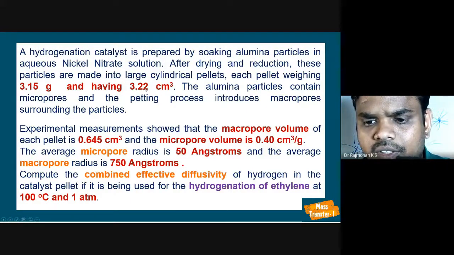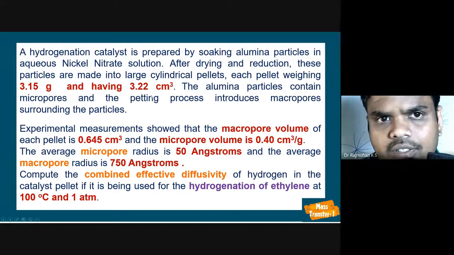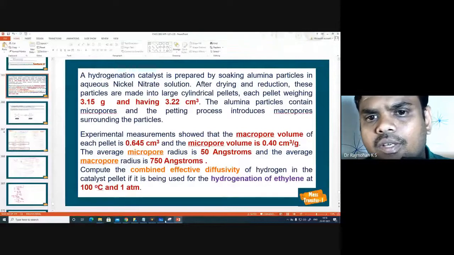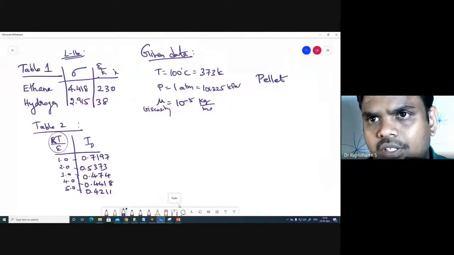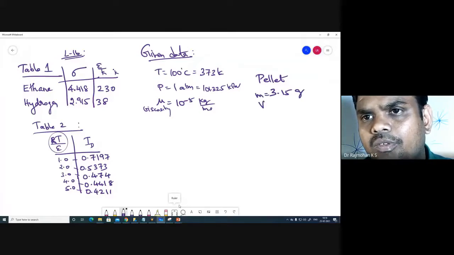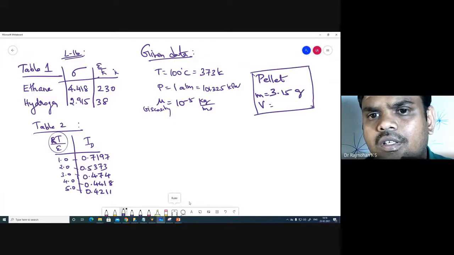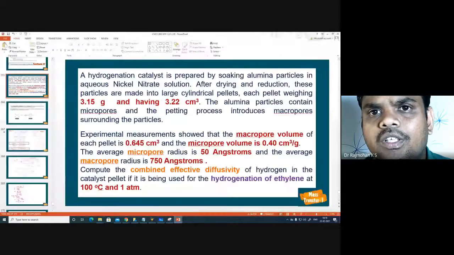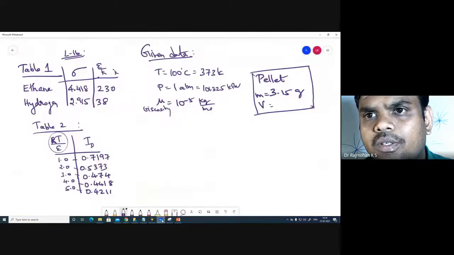So we can write: mass of the pellet is 3.15 grams, and the volume of the pellet is 3.22 centimeter cube.